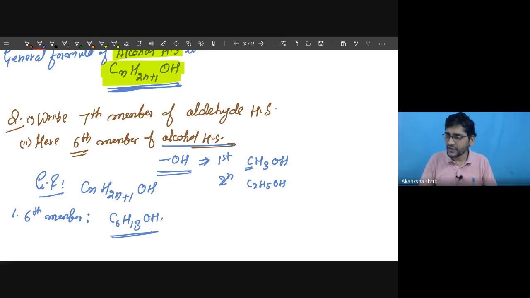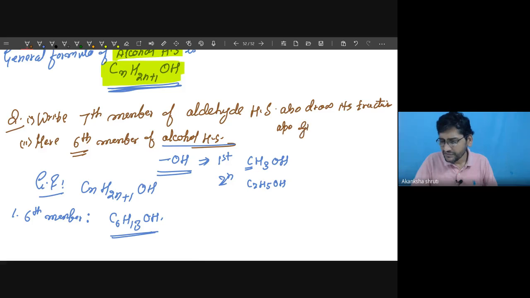Many a time it is also asked to draw their structure. Also draw its structure. Many a time it is also asked, draw the structure of their functional group only, and give the functional group present.